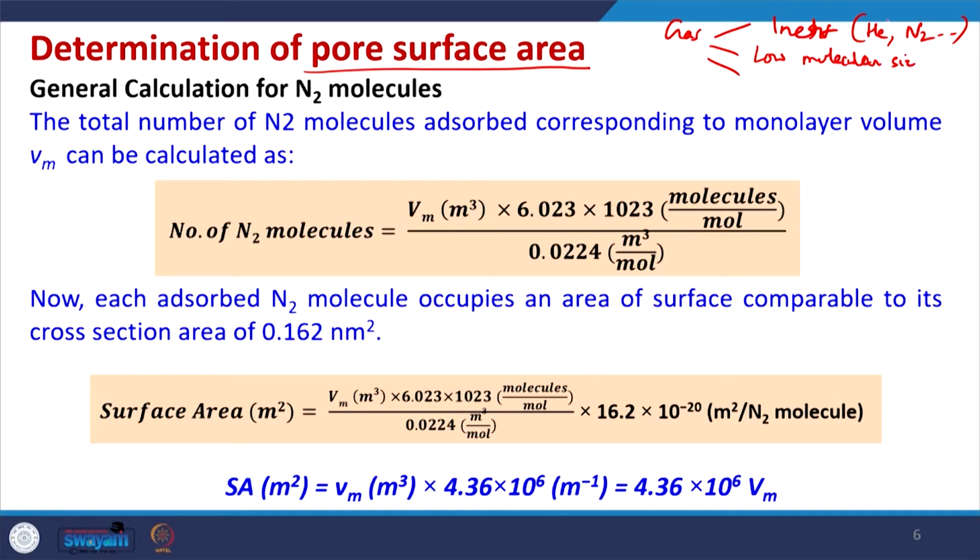Now, the lowest possible size will be helium, but with helium there is a problem that gas separation from the atmosphere is difficult, so this gas is costlier. Second, the apparatuses are generally designed for liquid nitrogen conditions, where we can adsorb the maximum amount of nitrogen. So, we take the temperature to a level where nitrogen is in liquefied form, so that maximum nitrogen adsorption may occur.